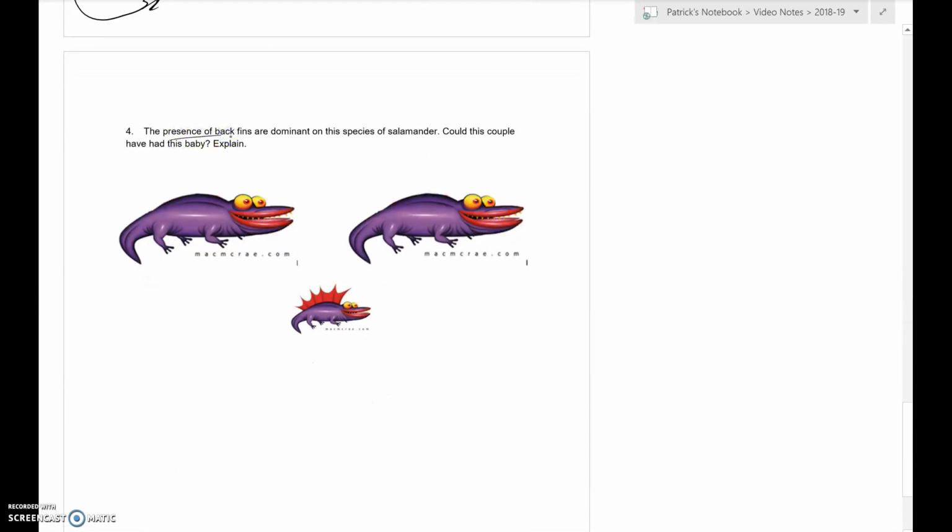Now here, our last one, presence of back fins, so like in our baby here, is a dominant trait. Could this couple have had this baby? So if having back fins is dominant, both our parents don't have that, so they must have the recessive genotype. They must be homozygous recessive.